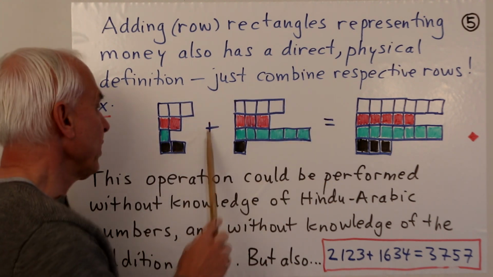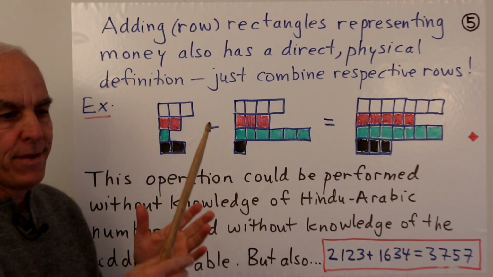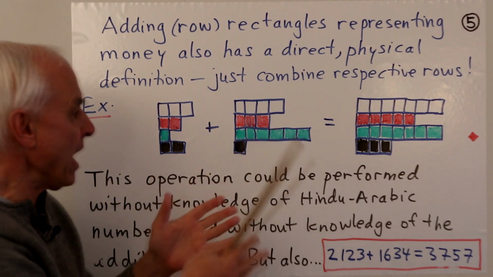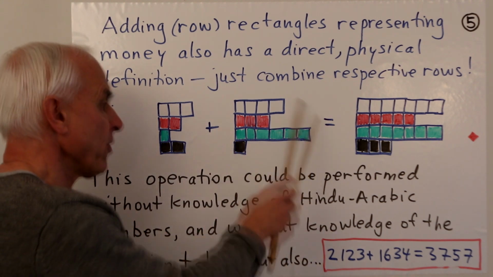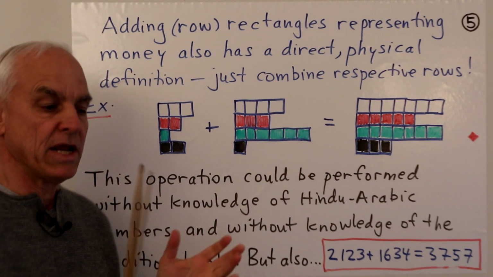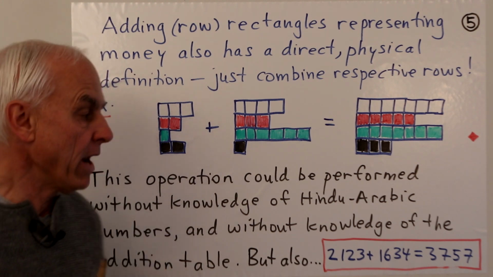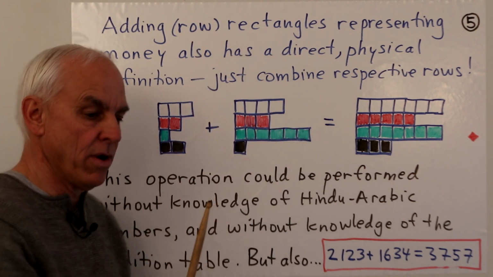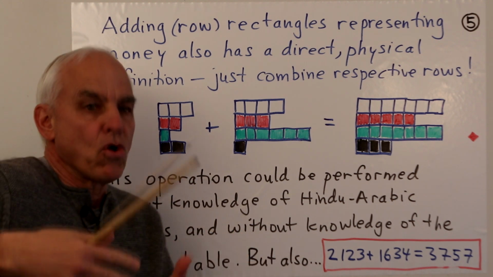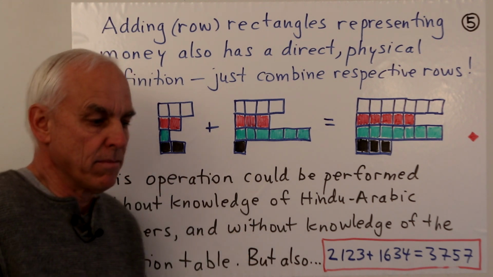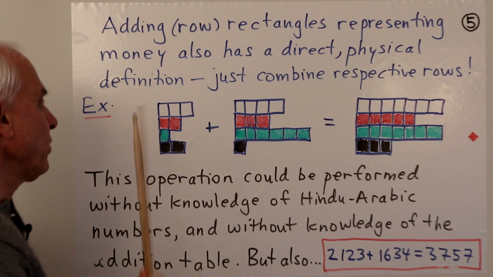So for example, here is a rectangle diagram which might represent a certain amount of money. And here's another rectangle diagram representing perhaps another sum of money. And we want to add these two row rectangles in a way that's corresponding with addition of the monies. So what do we actually get?